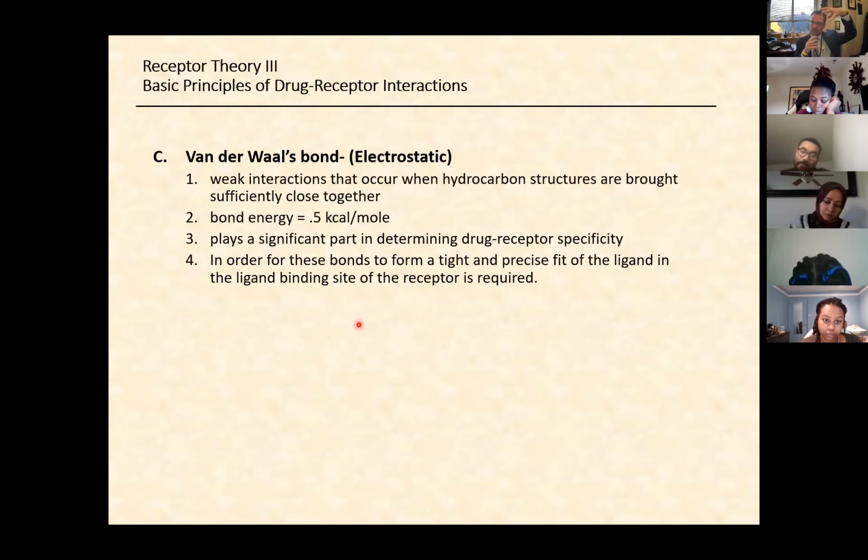So you can imagine as a drug molecule is coming in towards a receptor, and let's say this is the receptor binding pocket here, my hand that's squeezing, and this is the drug molecule here. In order for the van der Waals interactions to occur, these two species have to get very close together, which requires a tight fit between the drug molecule and the receptor binding pocket.